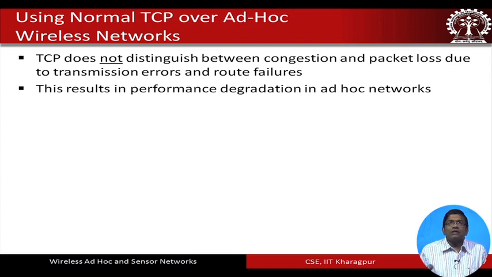TCP does not distinguish between congestion and packet loss due to transmission errors and route failures. This results in performance degradation in ad hoc networks. Congestion may be happening, or it may be route failures or packet loss due to transmission errors. TCP for the internet does not distinguish between them, and that leads to performance issues of running TCP on an ad hoc network.